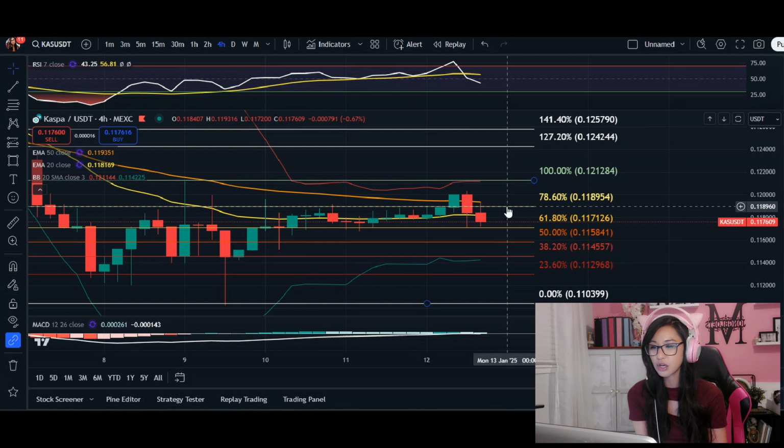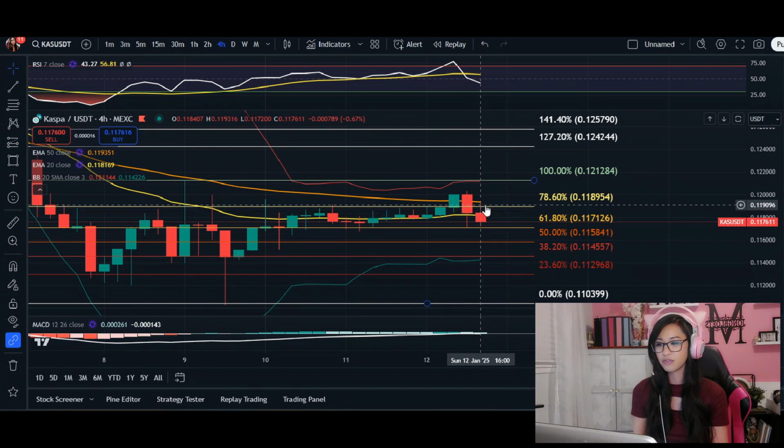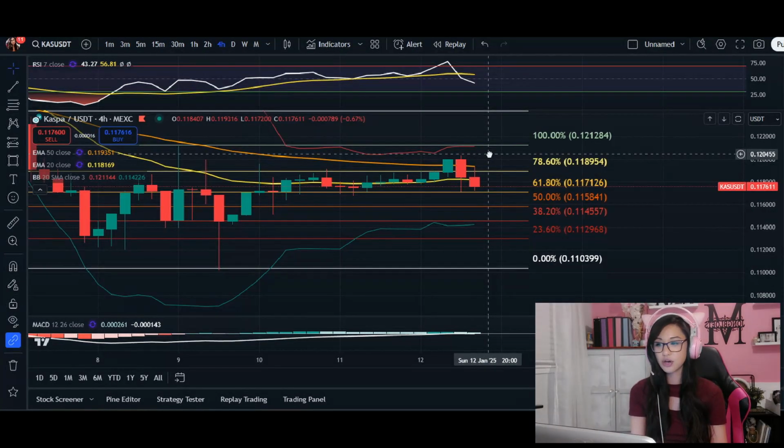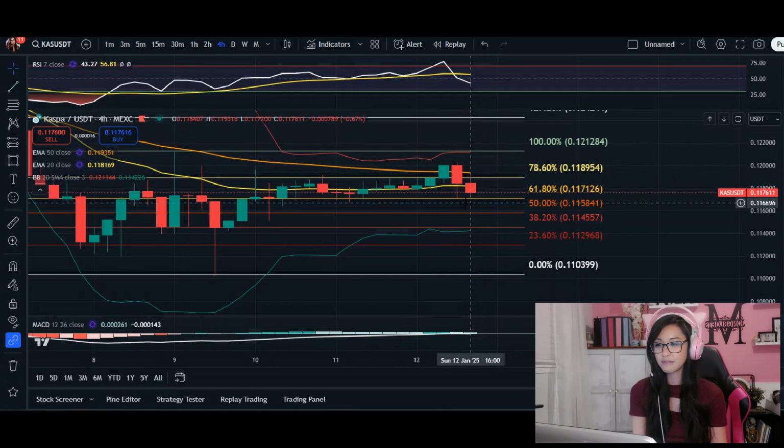Key areas here for the lower time frames: resistance around 0.117. Again, if we do see some bullish reclaiming around the 20 moving average here, we can possibly come up to 0.119. In terms of support, this is going to be very key, especially in this consolidation zone around 0.115, possibly dropping to that 10 cents.